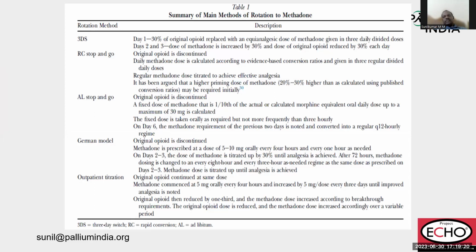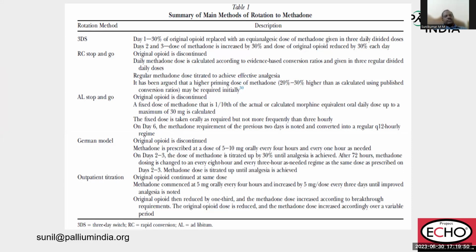When we looked at the literature, there were so many methods on how to start methadone for a patient. There was the 3-day switch, rapid conversion, stop and go method, ad libitum stop and go method, German method, outpatient titration. These are all the methods described in the literature, but we didn't know which one to select.